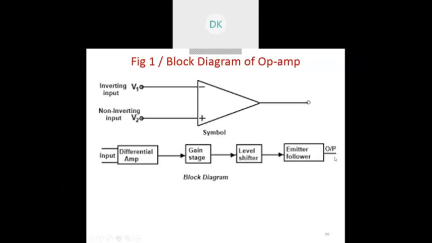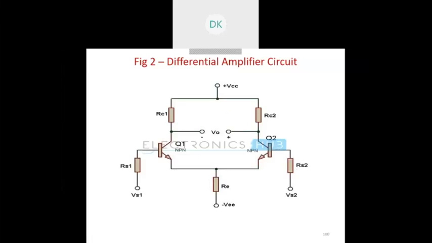If the input is given, see the input terminals, we have the negative and the positive terminal, and the output terminal is available. In between, there are 4 blocks: differential amplifier, gain amplifier, level shifter, and emitter follower.